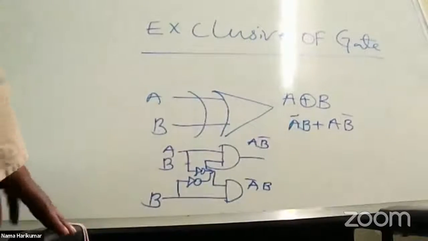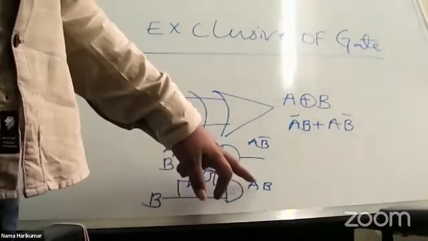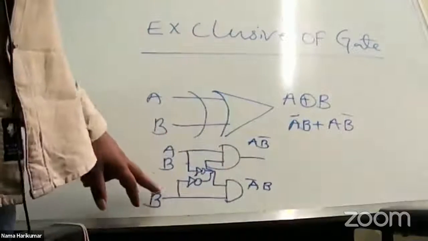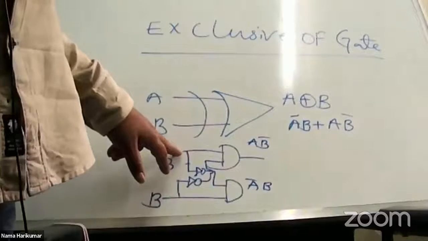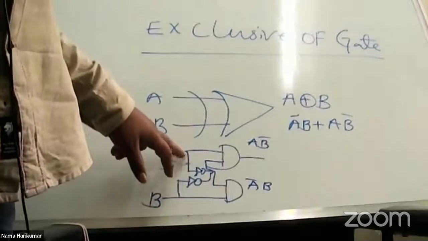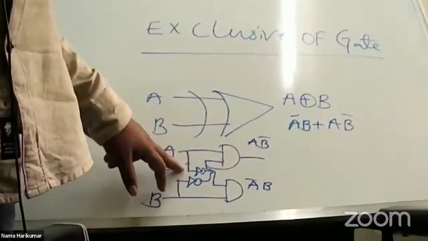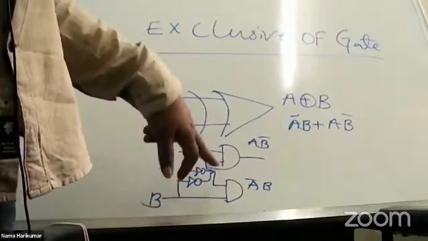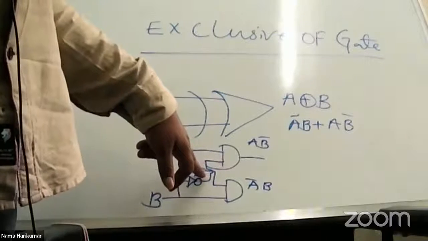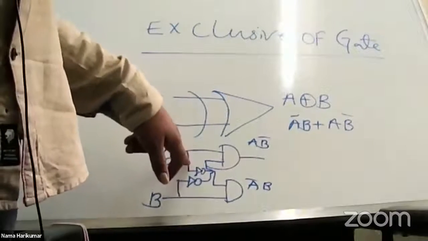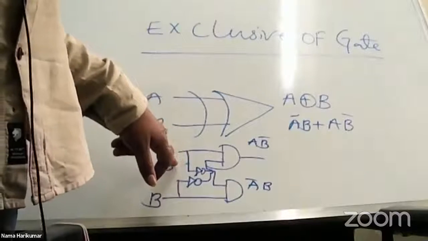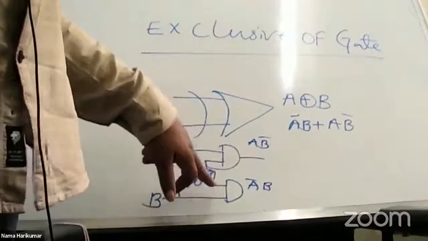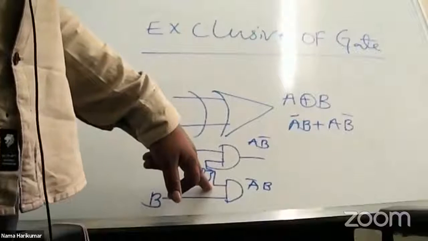Next is A bar B. A bar B means in this A you have to connect the NOT gate, and automatically the A complement circuit will be created.